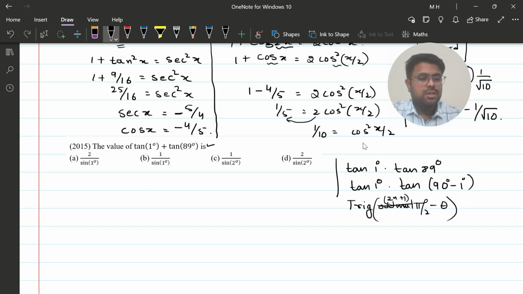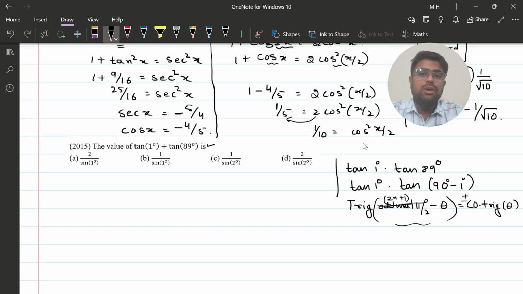Minus theta is going to be the co-trigonometric function of theta, and the sign depends upon the quadrant, so it is going to be plus or minus. If it is an odd multiple of pi by 2, sine becomes cos, cos becomes sine, tan becomes cot, cot becomes tan, sec becomes cosec, cosec becomes sec.